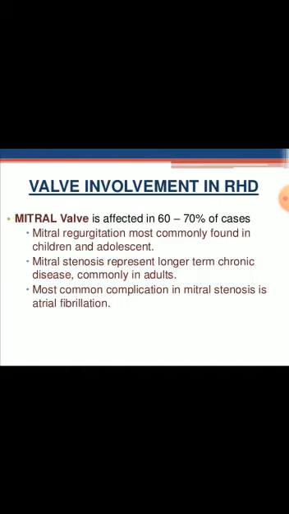Again, we were talking about the valve involvement. The mitral valve is affected in 60 to 70% of cases. Mitral regurgitation is most commonly found in children and adolescents, and mitral stenosis represents the longer term, chronic disease in adults. The most common complications are mitral stenosis and atrial fibrillation.